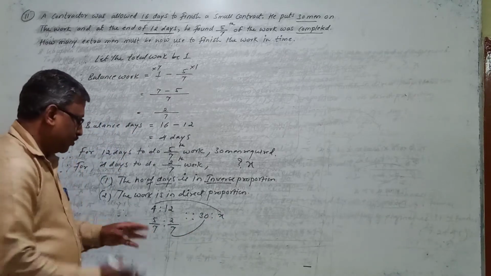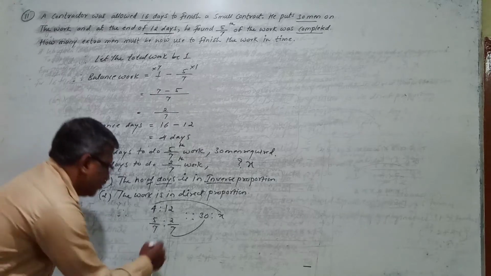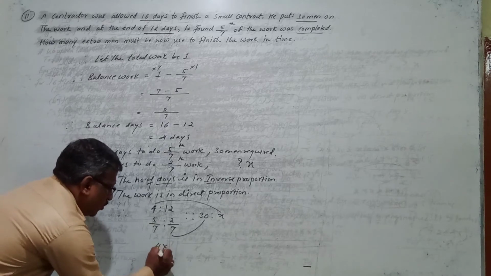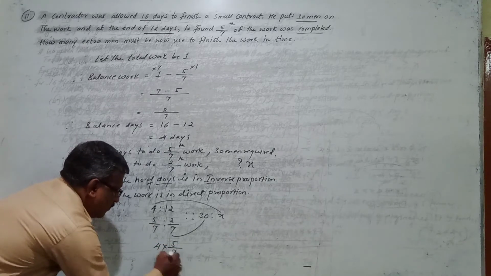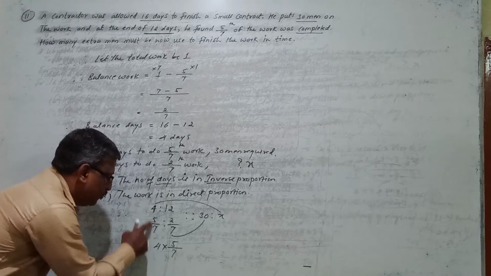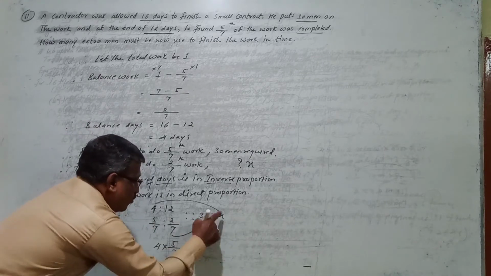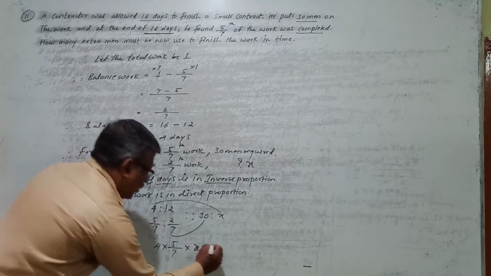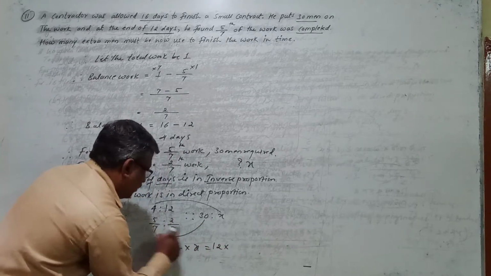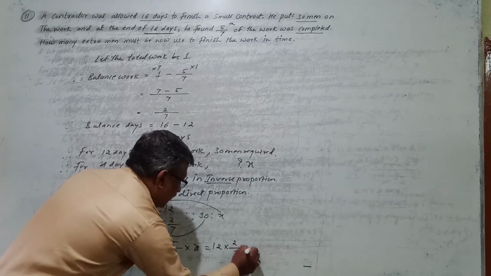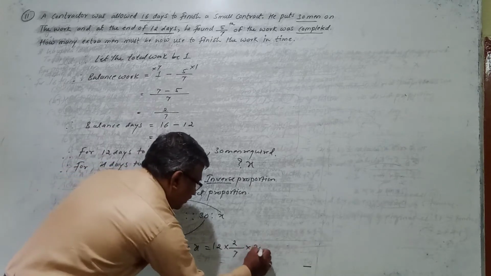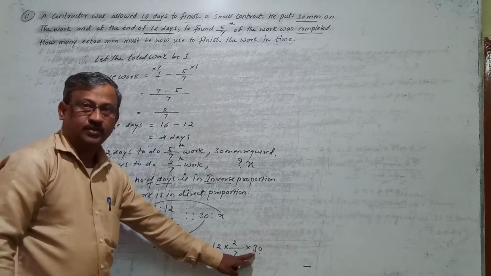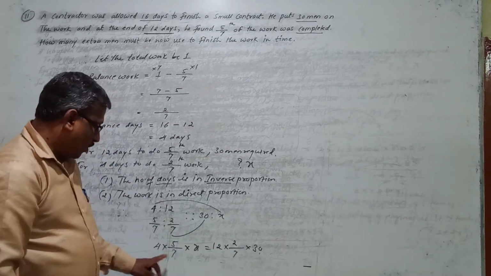So my extremes are 4 into 5/7 into x, equal to the means, 12 into 2/7 into 30.